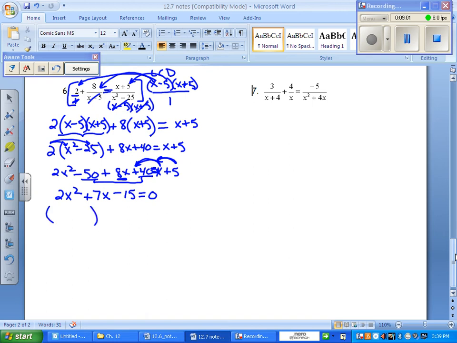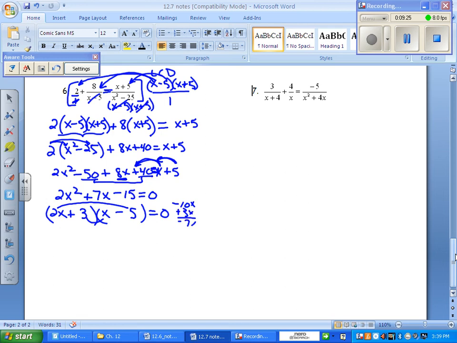I'm going to factor, or try. And I have a 2x and an x. One's a plus, one's a minus. I don't know if the plus goes by the 2. I'm going to try my factors for 15. Let's put a 3 and a 5. Now my outers are negative 10x. My inners are positive 3x.